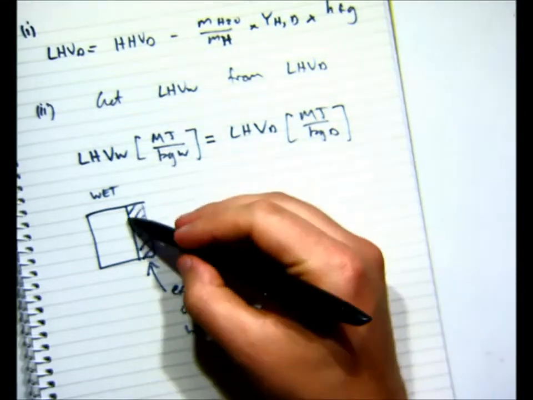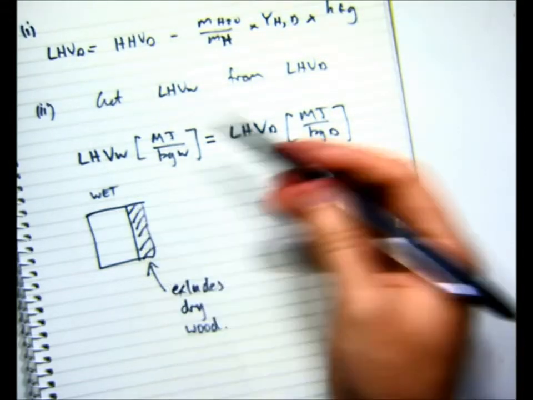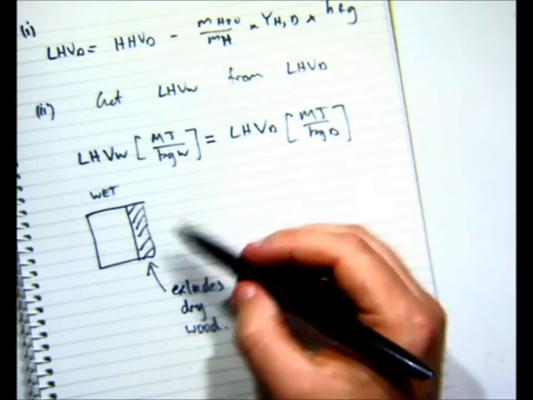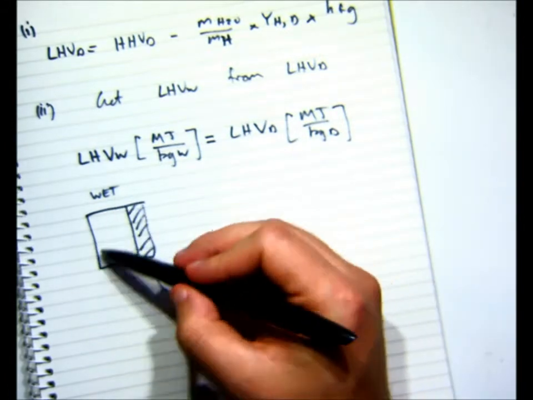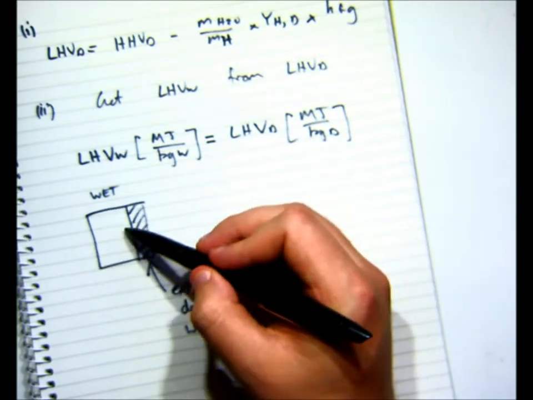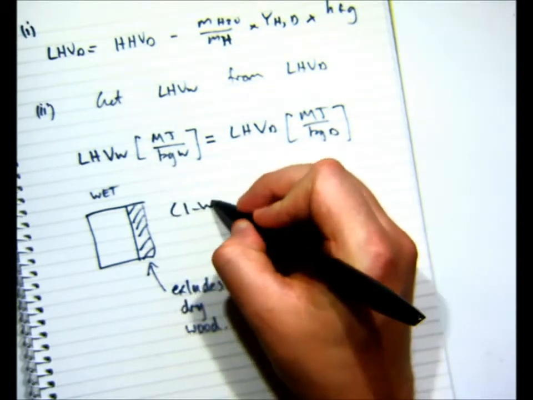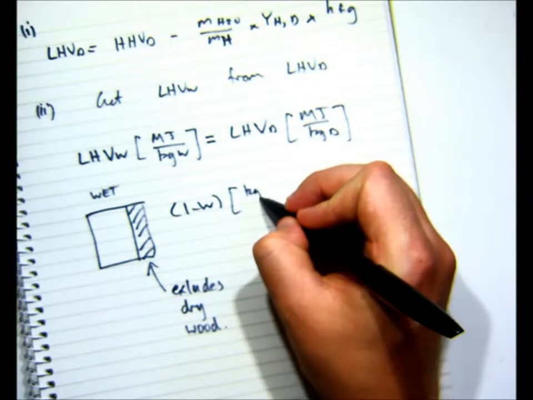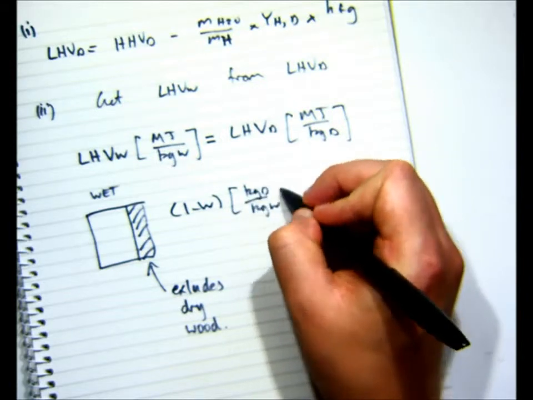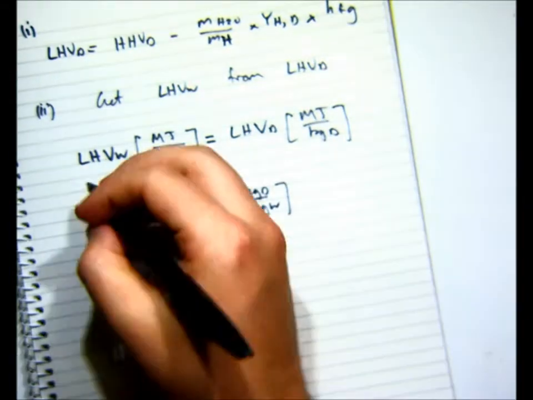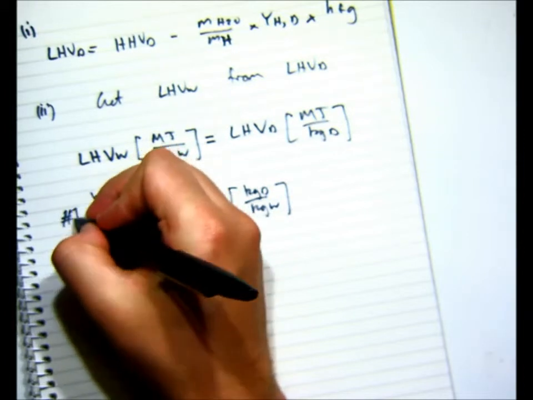So what I mean is there would have been dry wood here that you could have burnt to get energy from. So the term that represents a fraction of the wet wood which is dry wood, we have derived earlier, which is 1 minus W, with units kilogram dry per kilogram wet. So that's loss mechanism number 1.